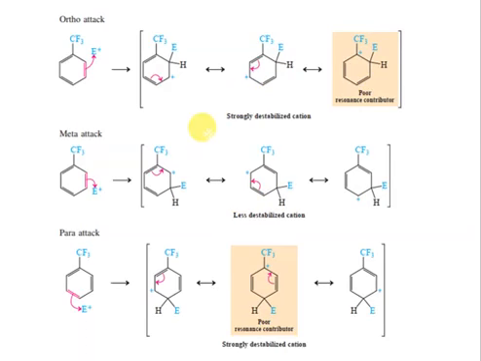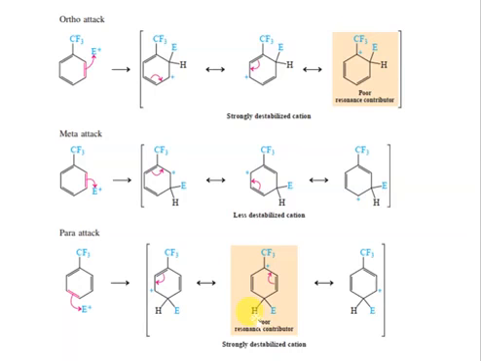Now let's consider the carbocation formed by para attack. If the electrophile approaches at the para position, we have a positive charge here, a positive charge here, and a positive charge here. Again, you can see that we have a positive charge on the carbon that is directly attached to this trifluoromethyl group. This is electron withdrawing, and this is an electron deficient center, so this carbocation is highly unstable.